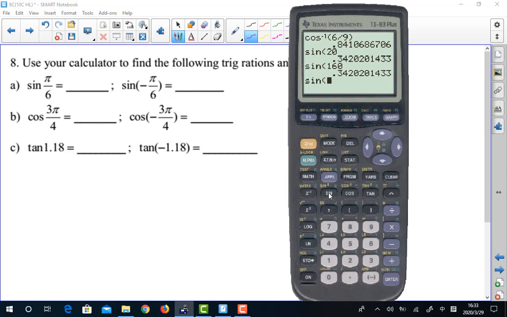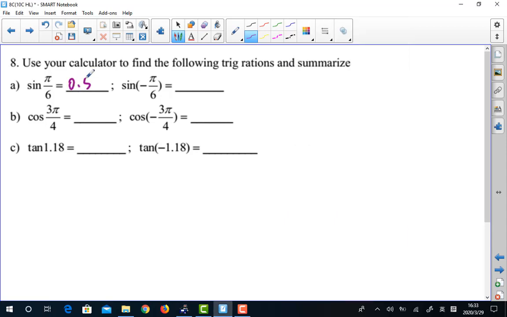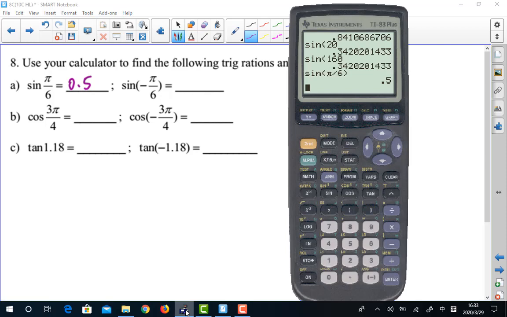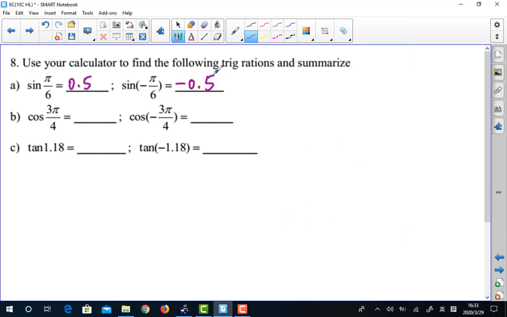Sine pi divided by 6 equals 0.5. Sine negative pi over 6 is negative 0.5. If two angles are opposite to each other, their sine ratios are opposite to each other as well. So from the first example, I can derive sine negative theta equals negative sine theta.